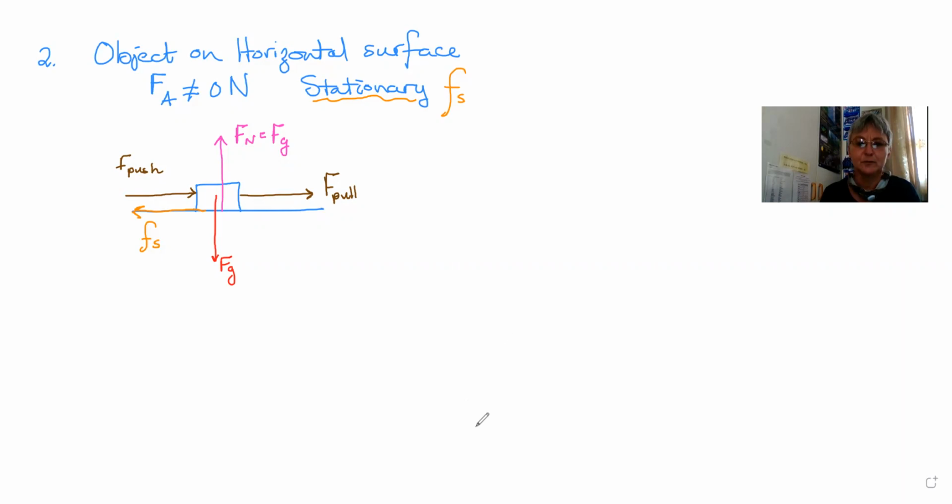I'm going to remove the pushing force. I would prefer one to be acting on the object. Now, the question is, what is the magnitude, the size of the frictional force?